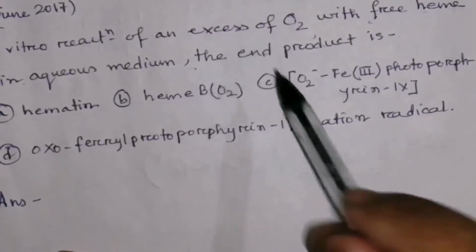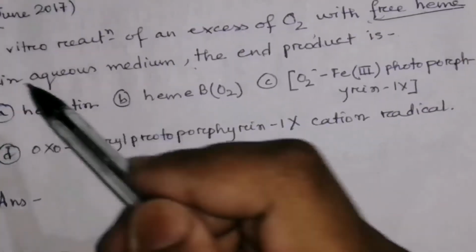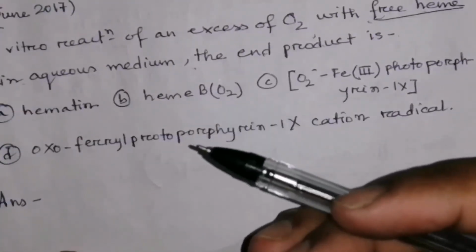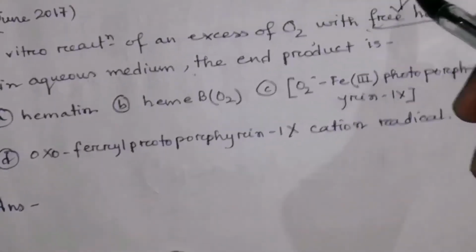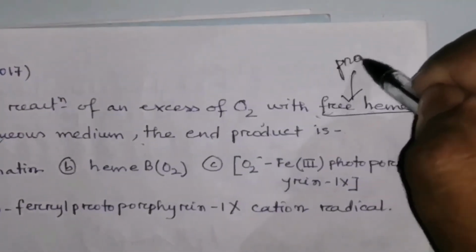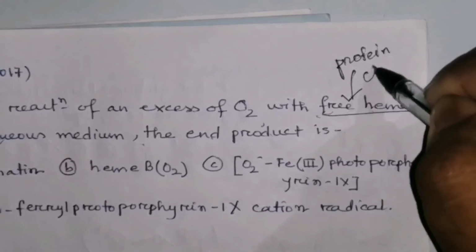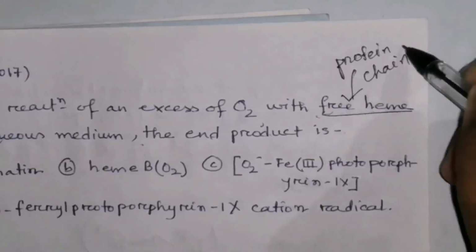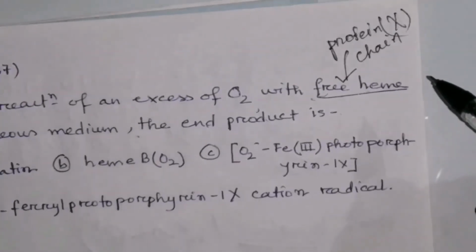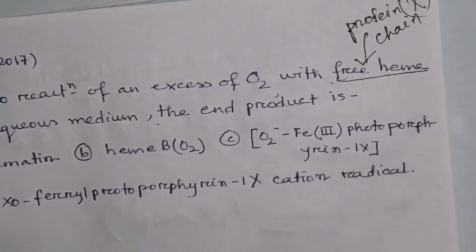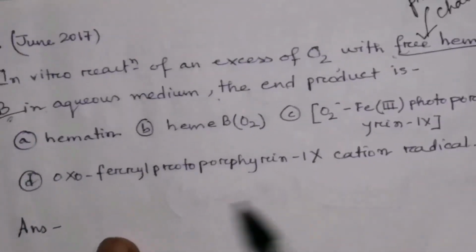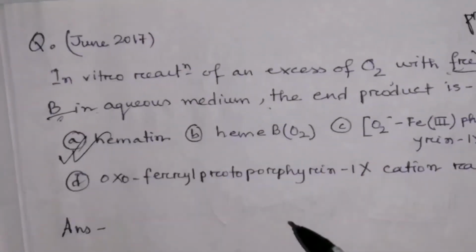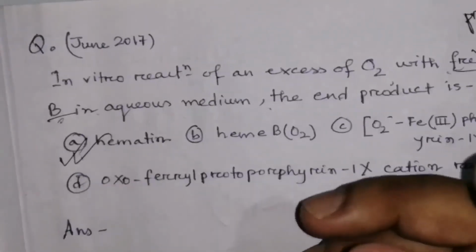So it is said that free heme B unit. So free heme B unit means there is no protein chain attached to it. So if in a heme group there is no protein chain attached to it, it leads to hematin. So our option A is the correct answer.